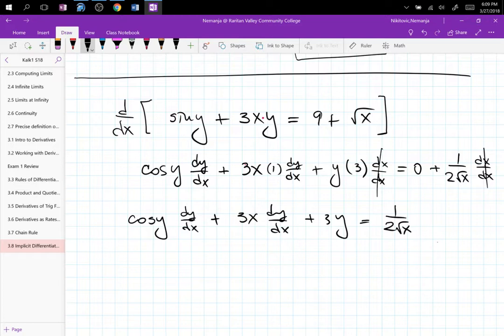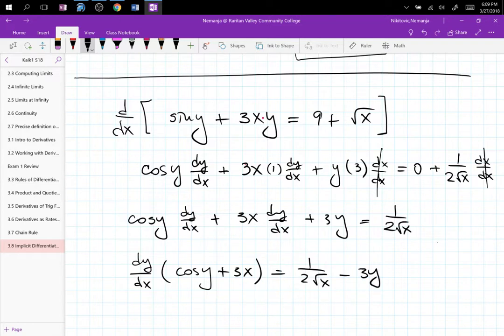So what we have to do is factor out dy dx, and move 3y to the other side. So there's some work to be done, right? Factor out dy dx, you get cosine y plus 3x equals 1 over 2 root x minus 3y that you had to ship to the other side.